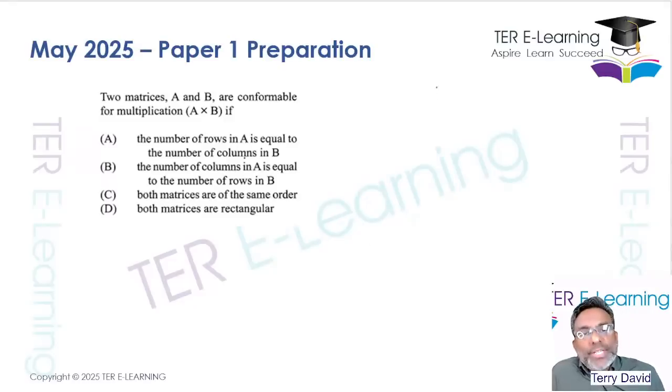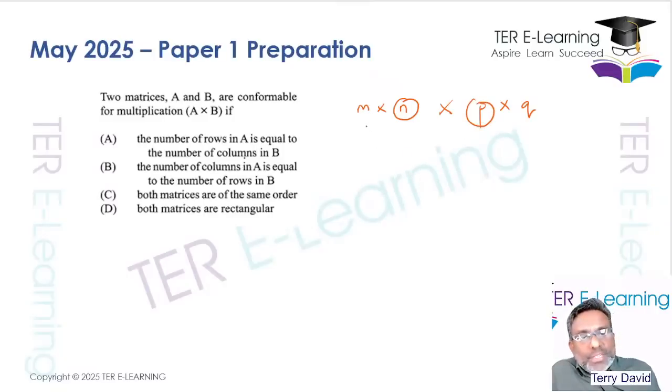So just remember, whenever you have to multiply two matrices, so if you have an M by N matrix and you want to multiply that by, let's say, a P by Q matrix, what is supposed to happen is that this number here and this number here have to be the same in order for the matrices to be multiplied.